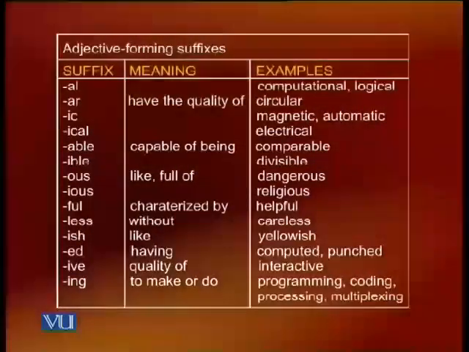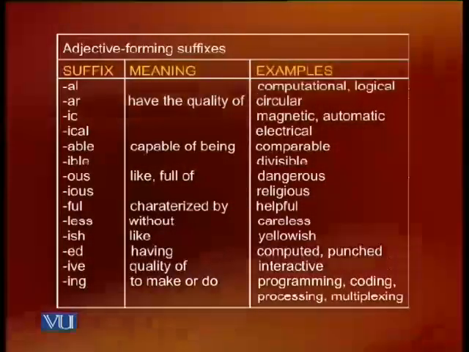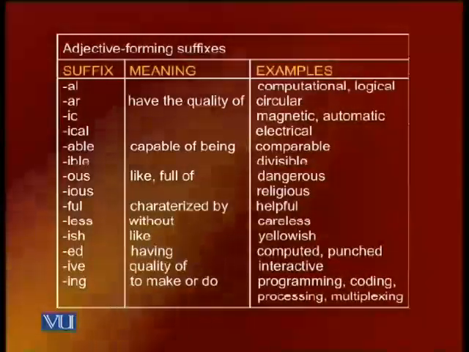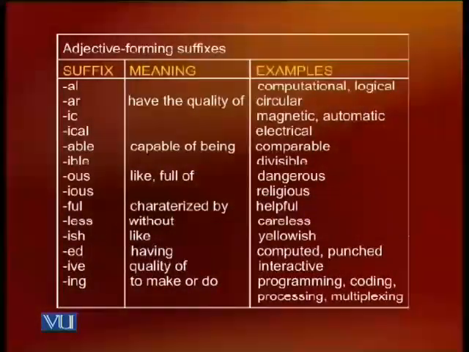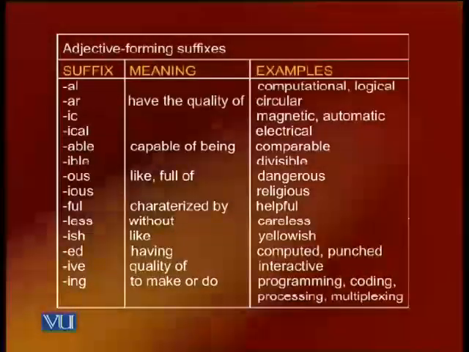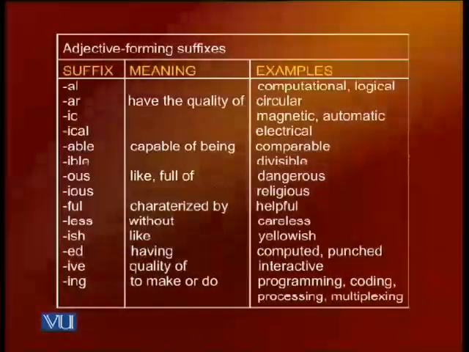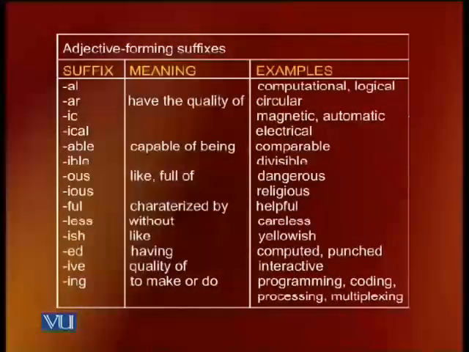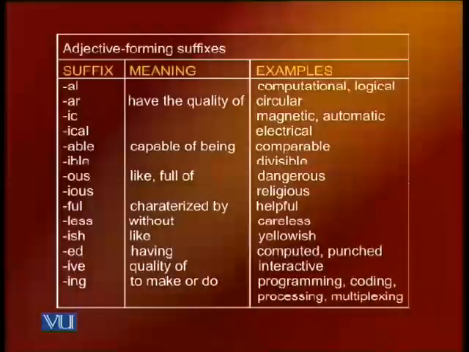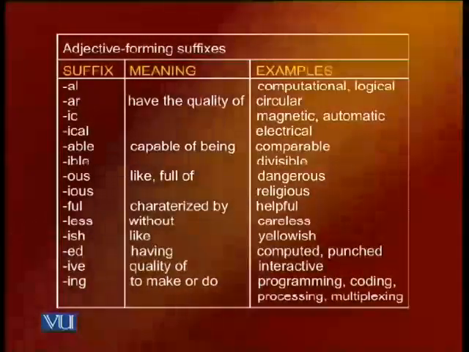You add al to the word logic, it becomes logical. You add ar to the word circle, circular. You add ic, automatic, magnetic, and electrical. Electric, and you add al, it becomes electrical. It is describing a quality.